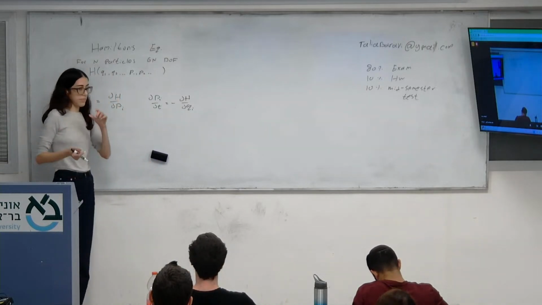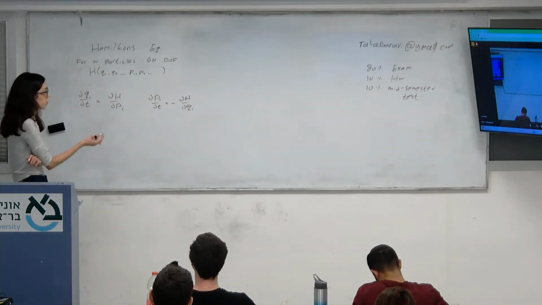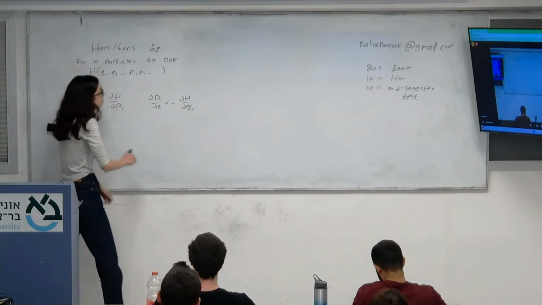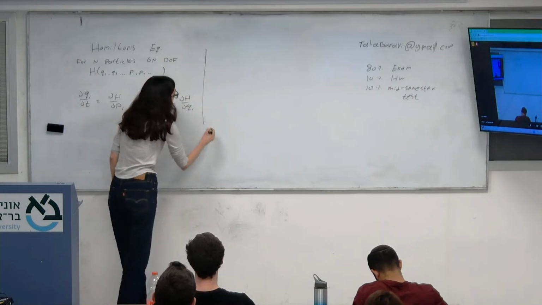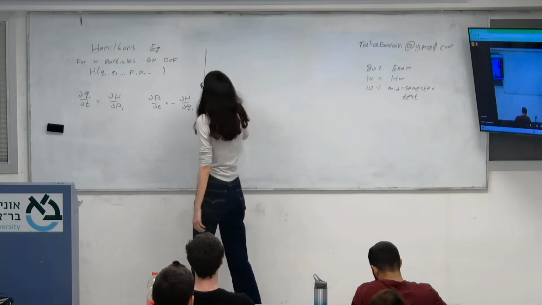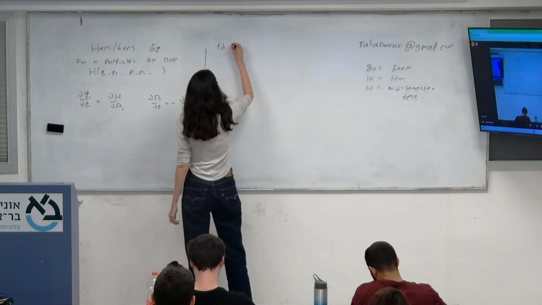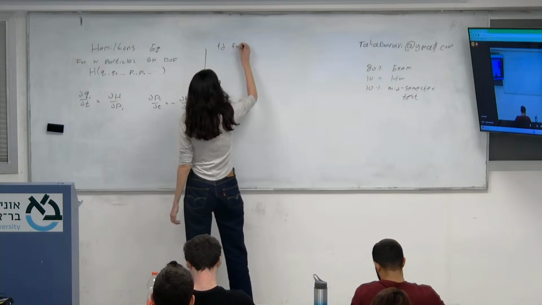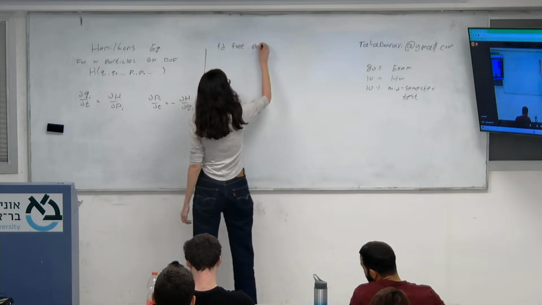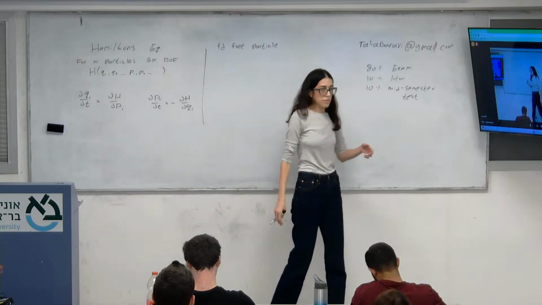Okay, so let's look at a tiny example, and then we're going to continue to talk about qubits. Let's take the simplest possible scenario that exists: a single particle in a single dimension.